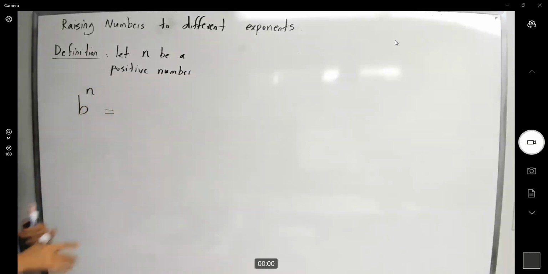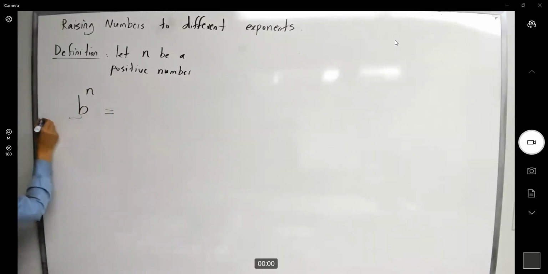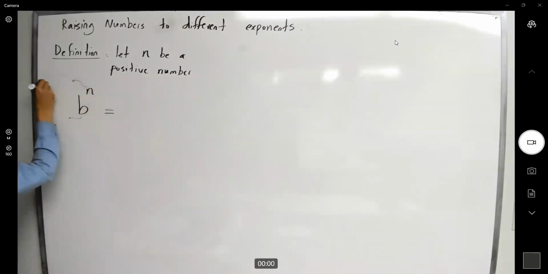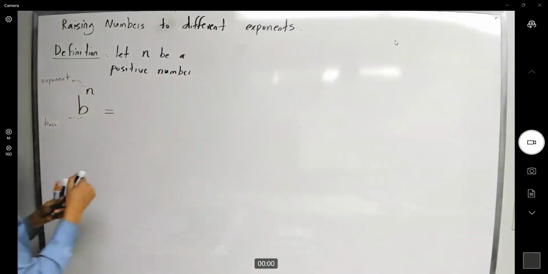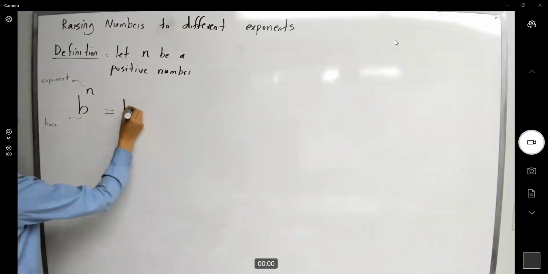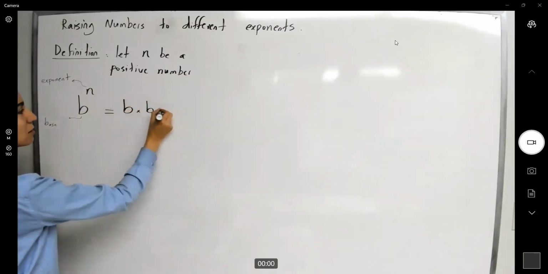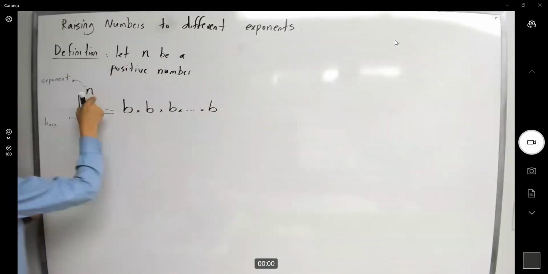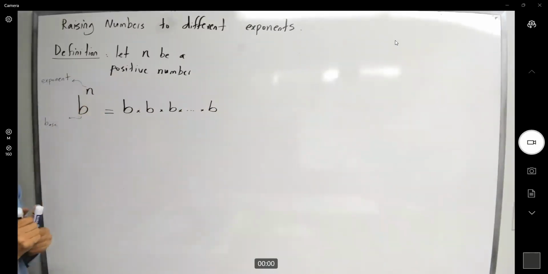It means that I'm taking b as the base and raising that to exponent n. Well, I have b times b times b, times itself n times. So I'm going to repeat this multiplication n times.